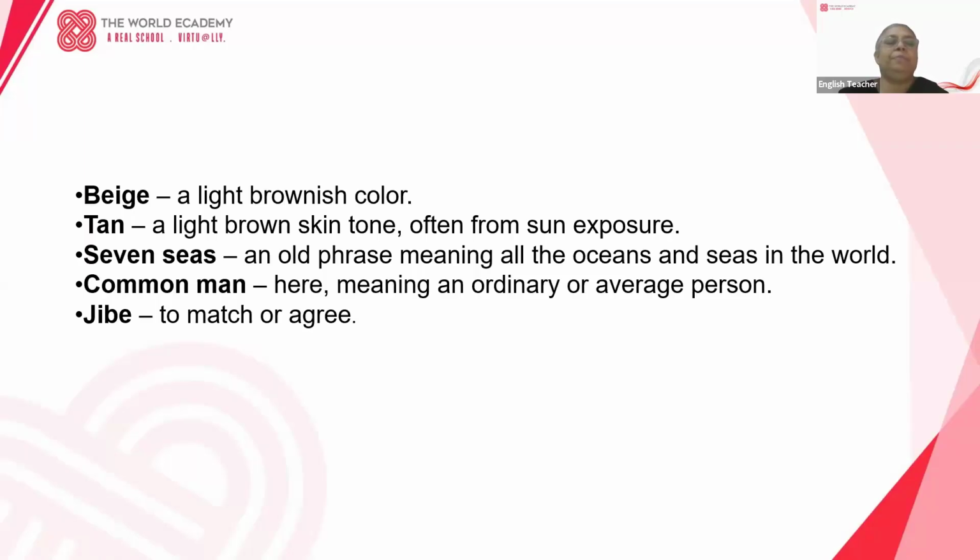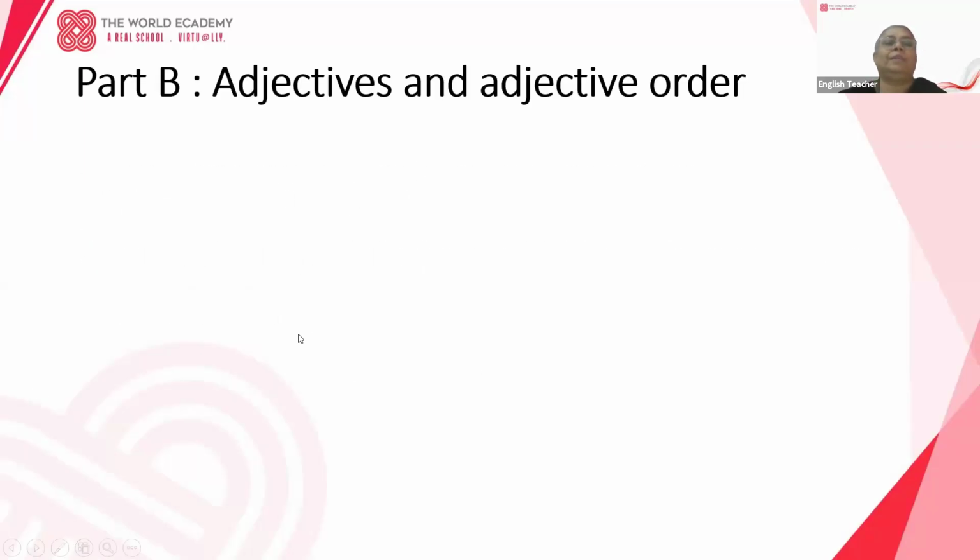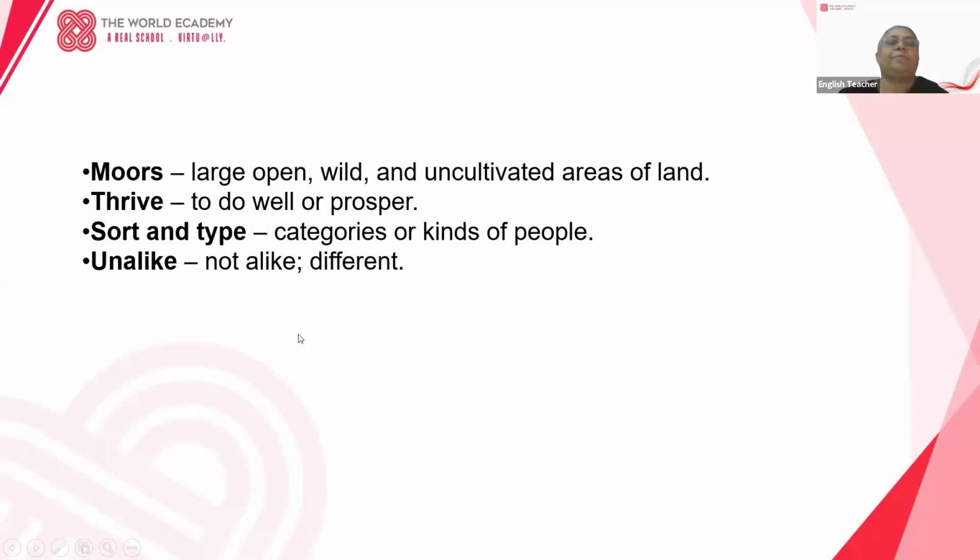Jib: to match or to agree. Moors: large, open, uncultivated areas of land, like nothing is grown over there. Thrive: to do well or prosper. Sort and type: different types of people. Unlike: not alike, means different.